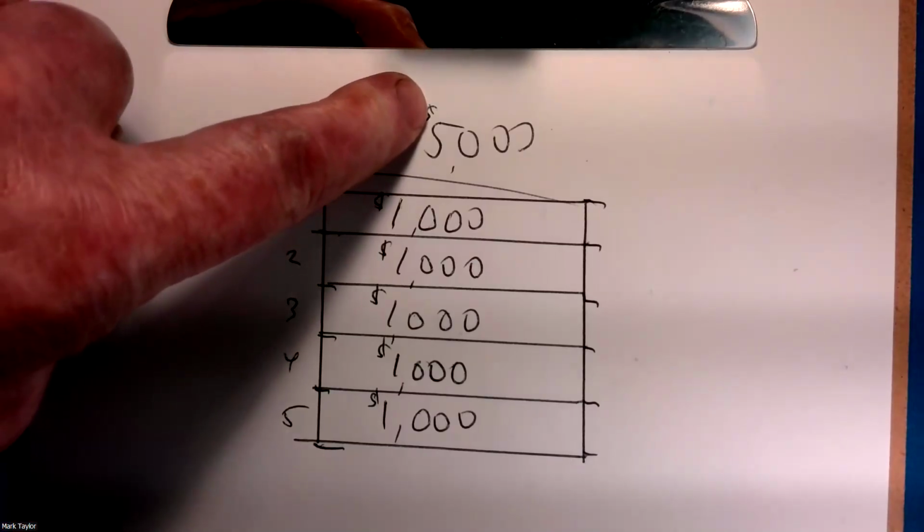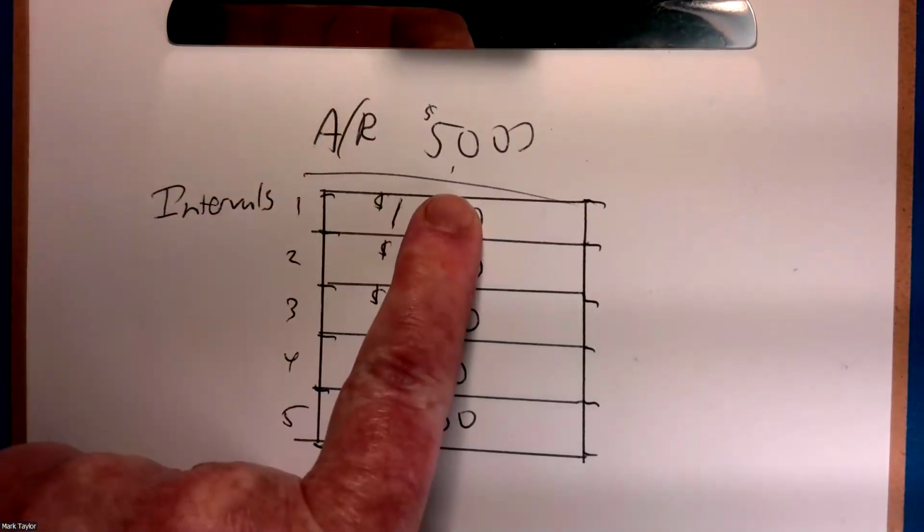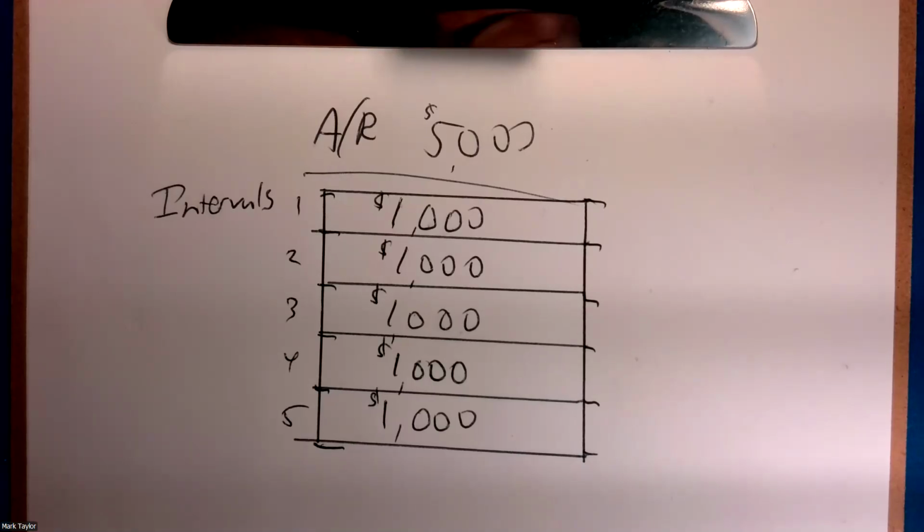So we're going to take this $5,000, split it up, and use 5 items.